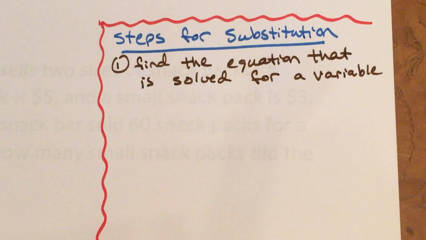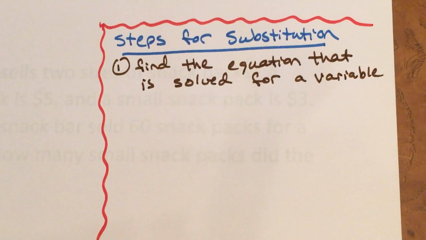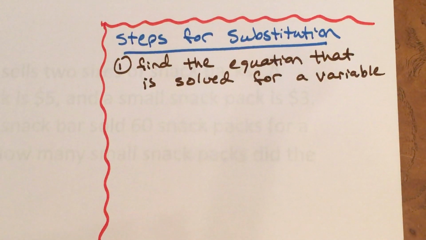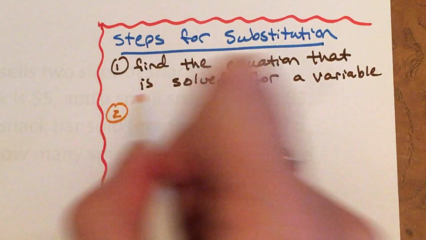One of those equations already has a letter. I don't care if it is x or if it is y. It is solved for a letter. It is all alone already on one side of the equal sign by itself.